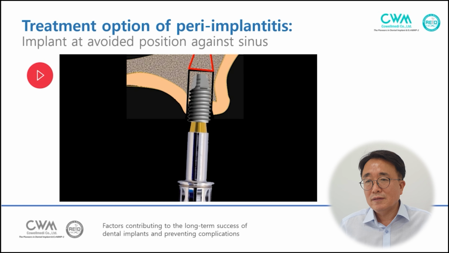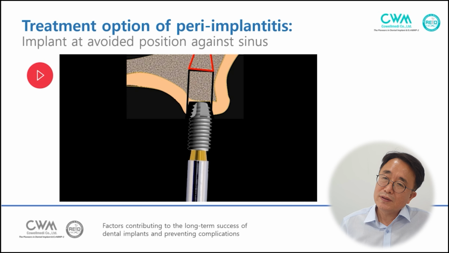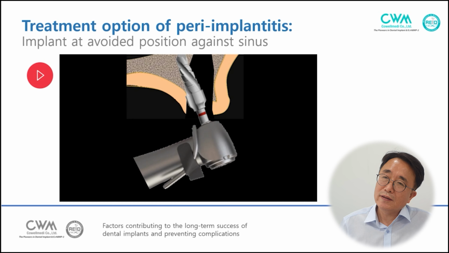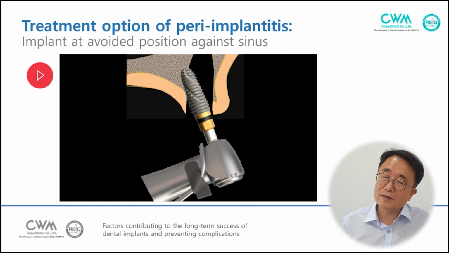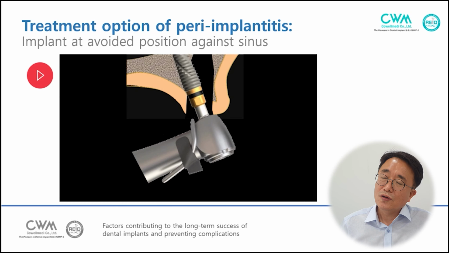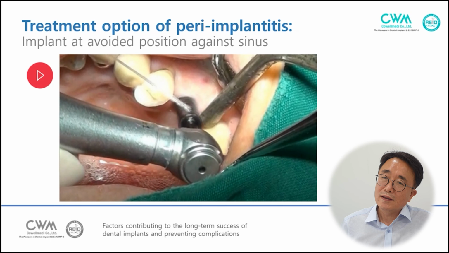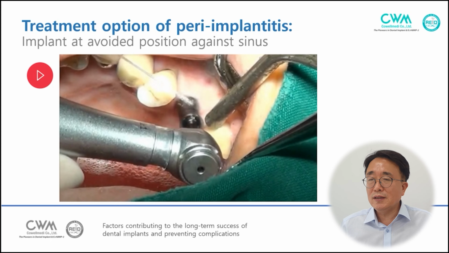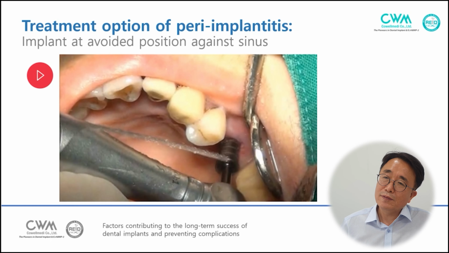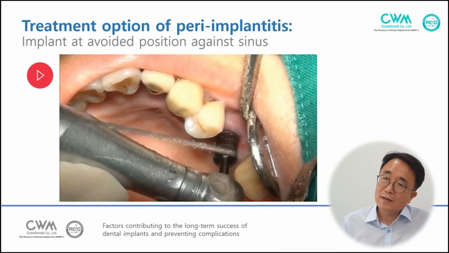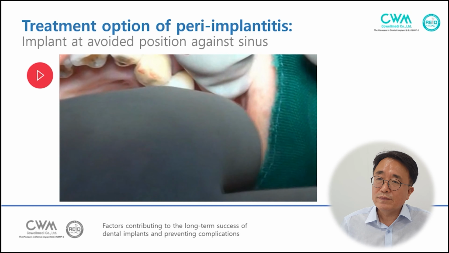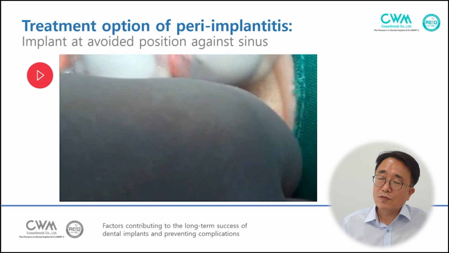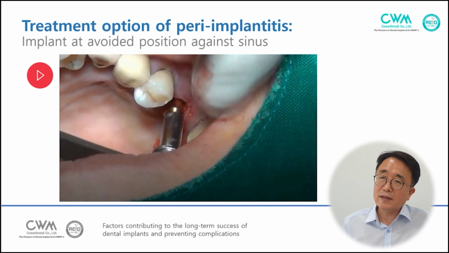So I removed the fixture, and the implant site is slightly tilted to the palatal side, and here the trephine is used. The trephine has to be waved for efficient trephining of bone, and then the healing abutment is connected.